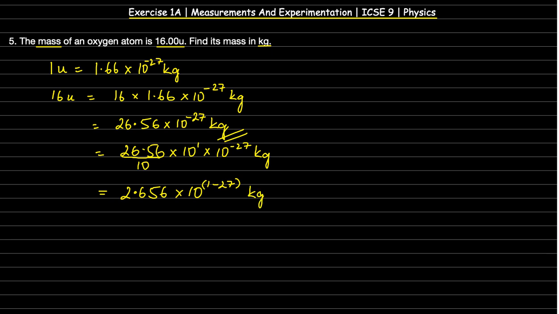So we get it as 2.656 into 10 to the power of minus 26 kg. So it was a simple problem. Getting into the next question, that is question number 6.